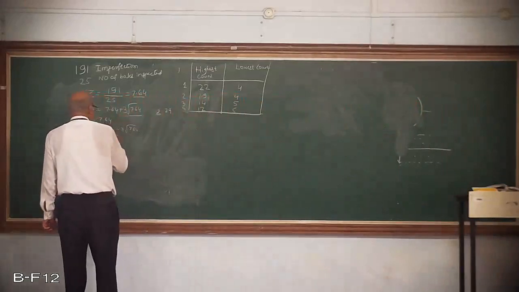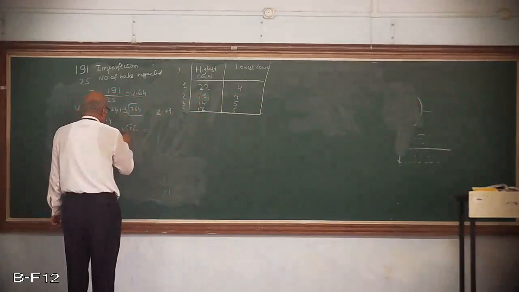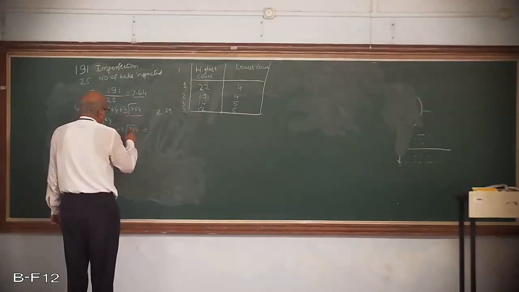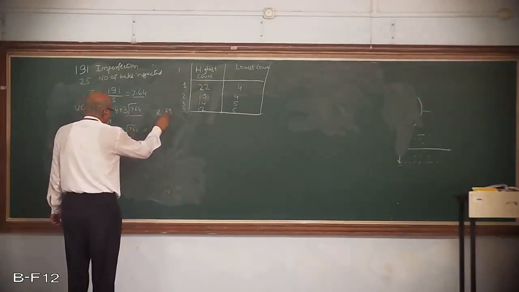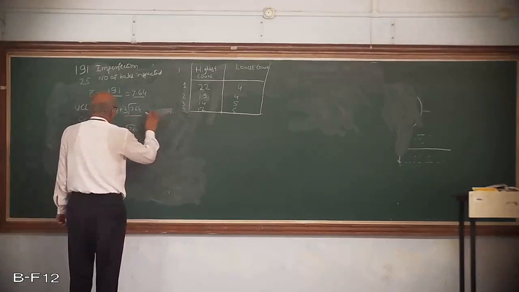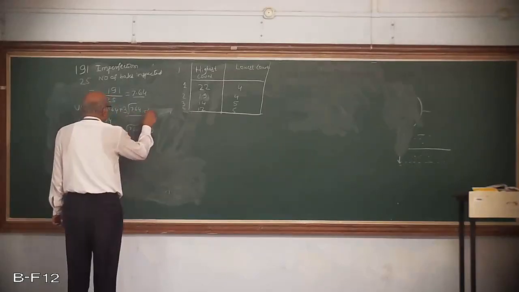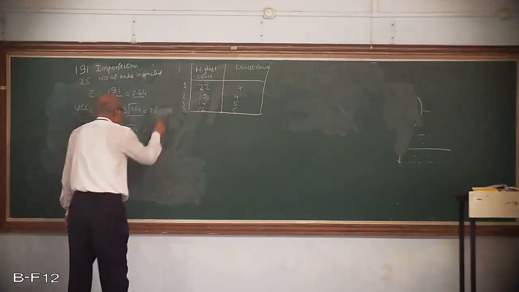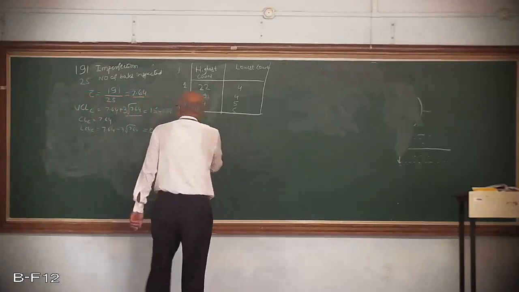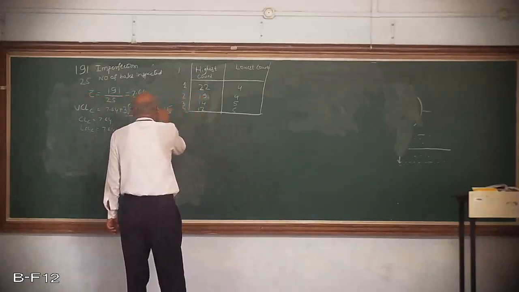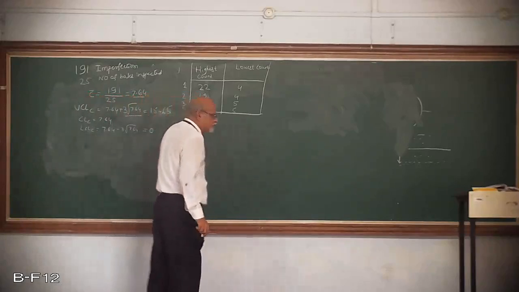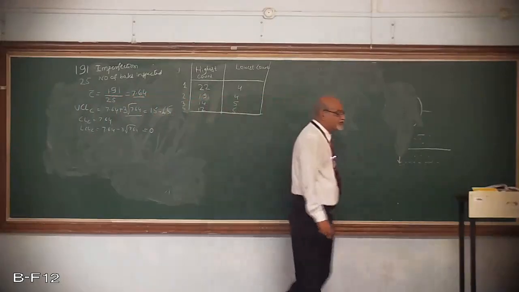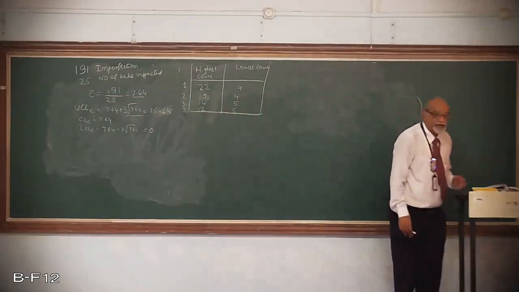So the lower control limit will become negative, because 3 into the square root of 7.64 is 8.29, and hence it is going to be 0. And the upper control limit works out to be 15.65. So the upper control limit is 15.65, the lower control limit is 0. That is what it says.